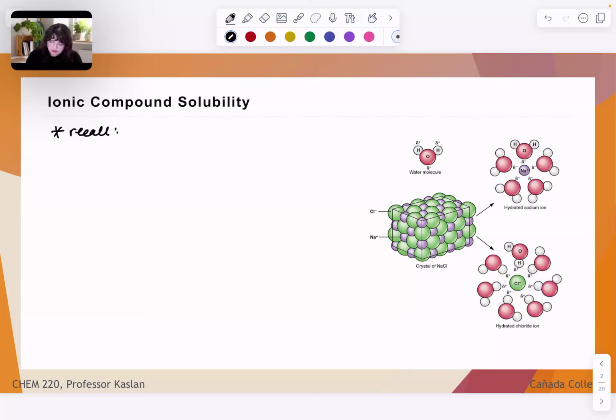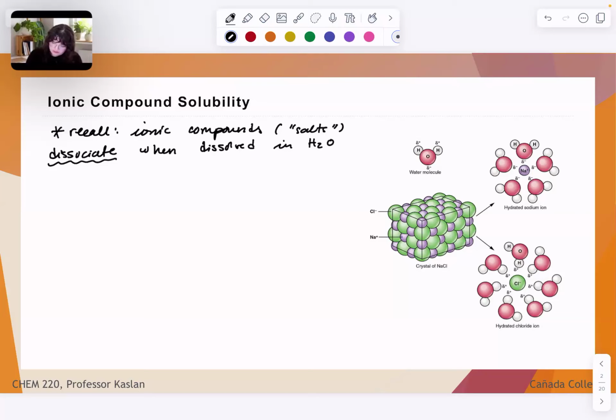Recall that ionic compounds, which we casually refer to as salts, dissociate or split up when dissolved in water into the cation, the thing that is positively charged, and the anion, the thing that is negatively charged.